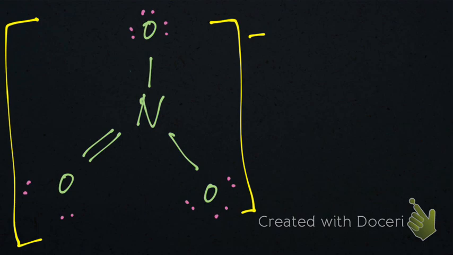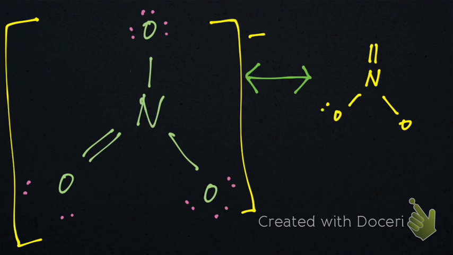The best way to draw this structure, it doesn't end here. There's 2 ways, and I'm going to show you. Technically, if you were going to do this correctly, you need to draw the double bond in every single position, all at the same time. So you're going to have one that looks like this with a double bond at the top.